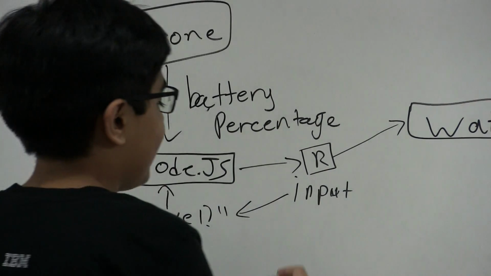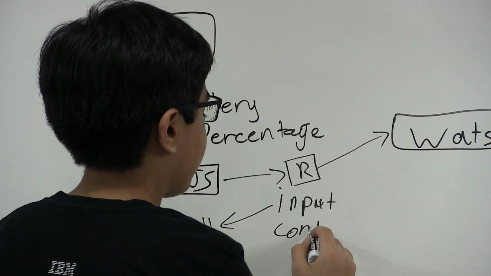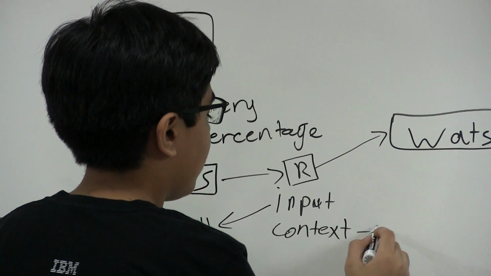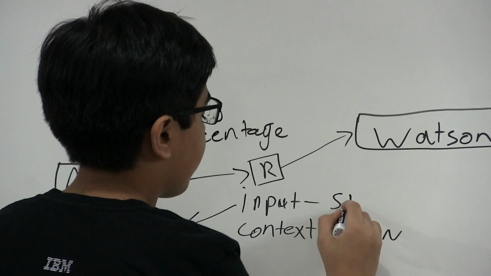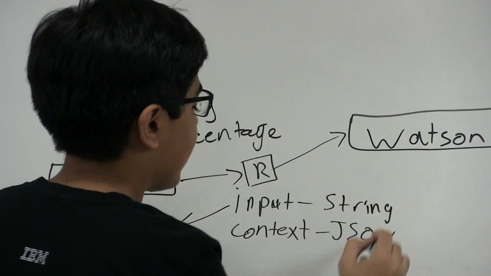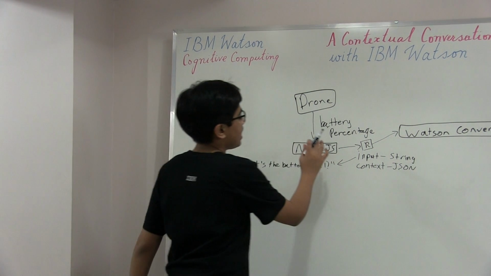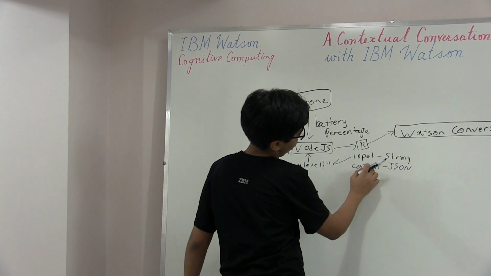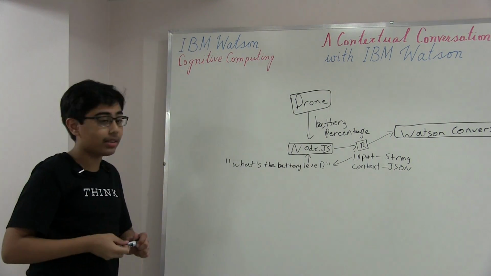And we've also got, of course, something else like, for example, the context, which is a JSON. And also this is a string. And there are a few more things, but I won't get into that right now. So these are the two keys that are very important to us. So Node.js will form a request, which contains the input and the context, and these two are sent to Watson conversation. So how does this work, though?